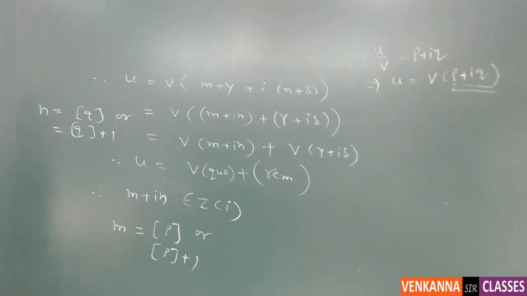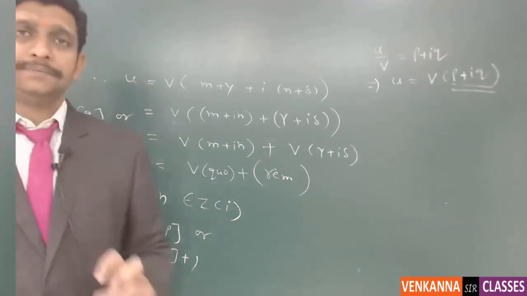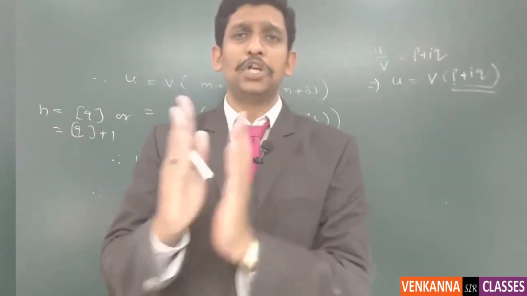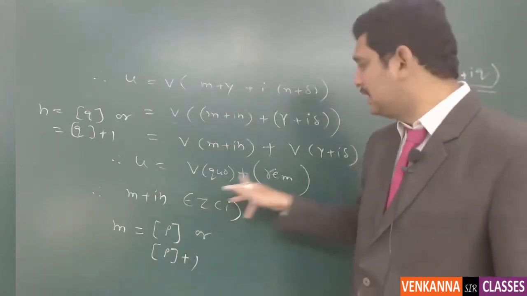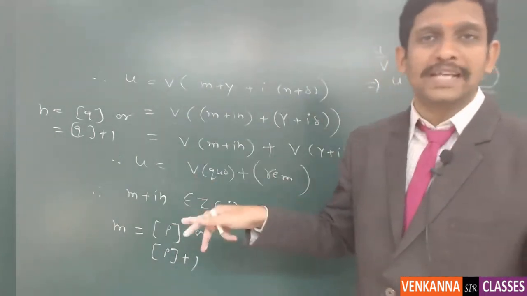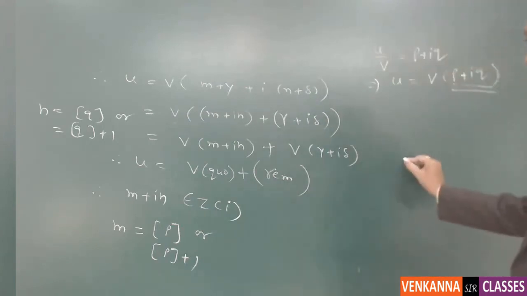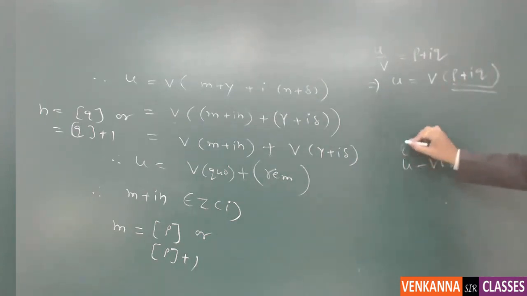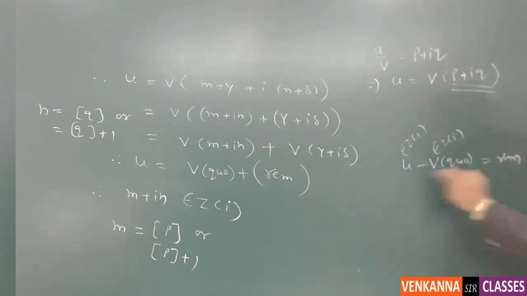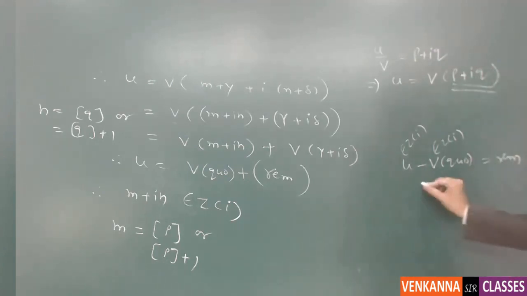Right. And whenever you write divisor into quotient plus remainder form, not only the quotient, the remainder also belongs to the set. So from this, u minus v into quotient is equal to the remainder. This value belongs to Z of i, this value belongs to Z of i, so the difference also belongs to Z of i, because Z of i is a ring.